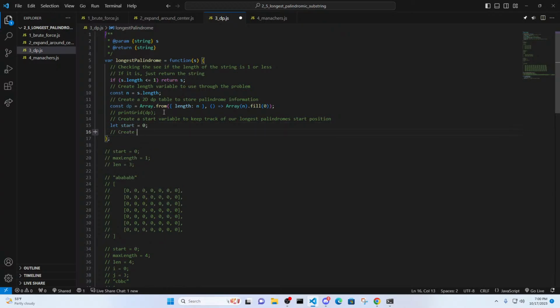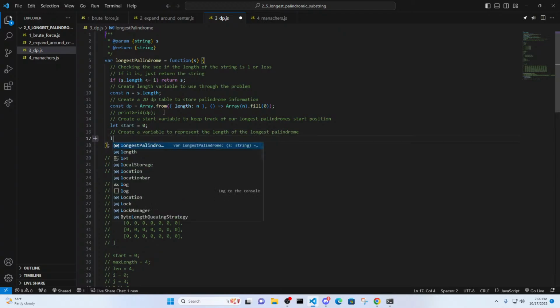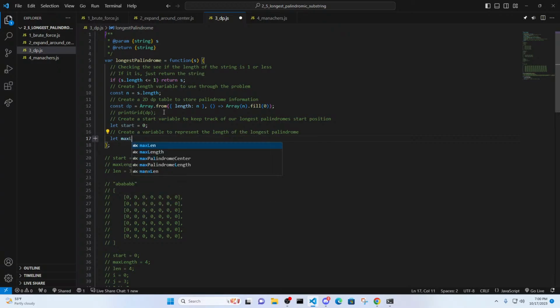Then we're going to create a variable to represent the length of the longest palindrome. We know that the string is of length 1, so we know already that this is going to be at least 1.